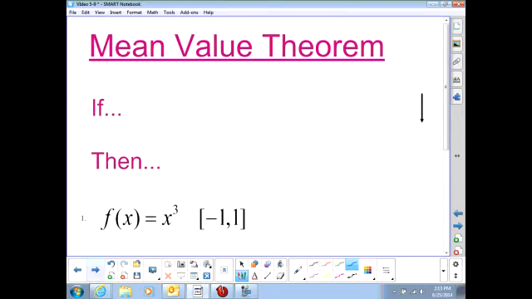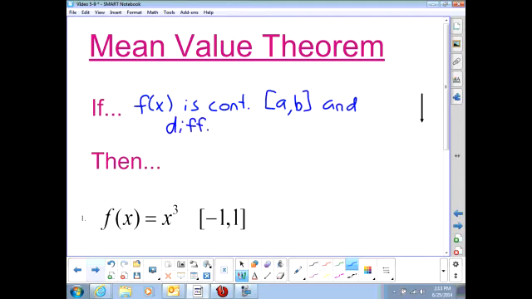Next, we'll review the mean value theorem. To start out, our initial conditions, same as the first two initial conditions in Rolle's. If f of x is continuous on the closed interval AB and differentiable on the open interval AB, then the thing we know is true is that our derivative at some point C should be equal to the slope between our endpoints.